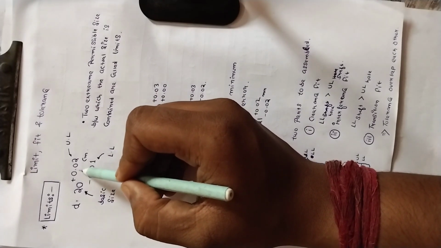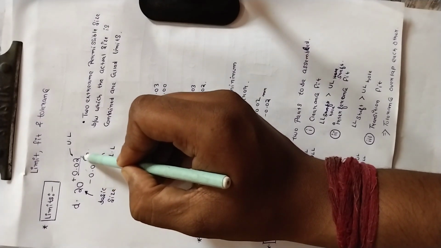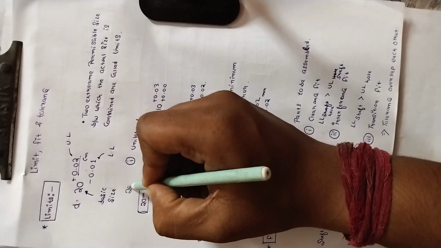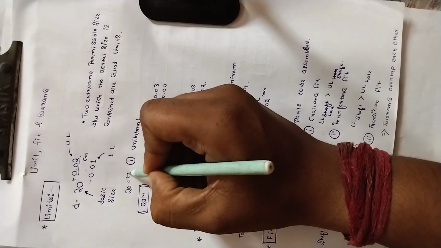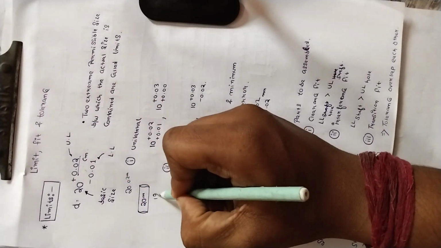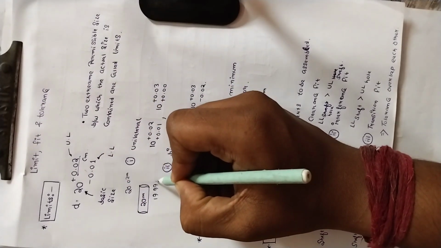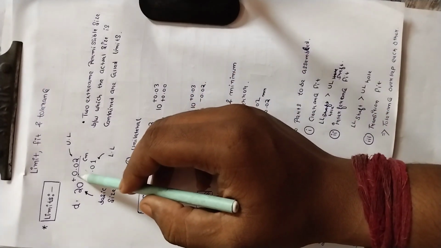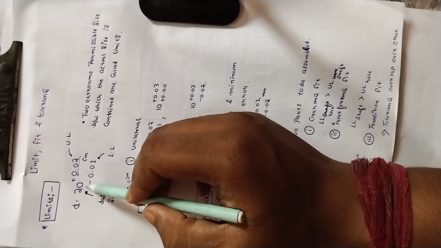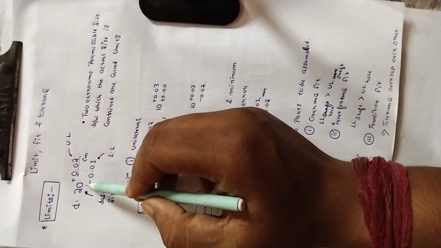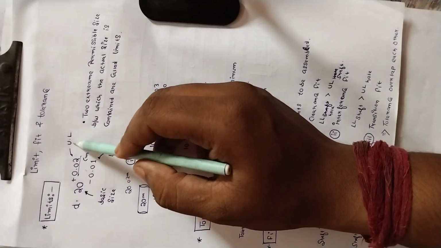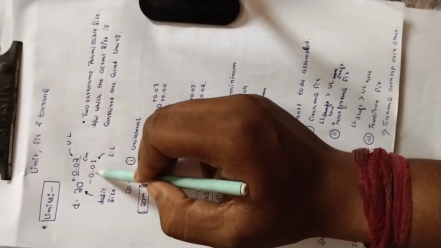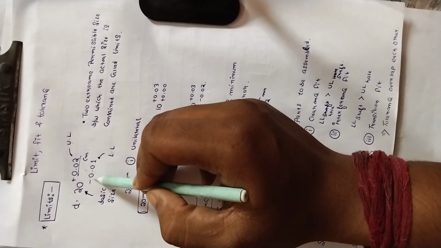That means the maximum we can make it is 20.02 mm, and the minimum we have to make it is 19.99 mm. So here, for the basic size of 20, the maximum limit or the upper limit is plus 0.02 and the minimum limit is 0.01 on the negative side, minus.